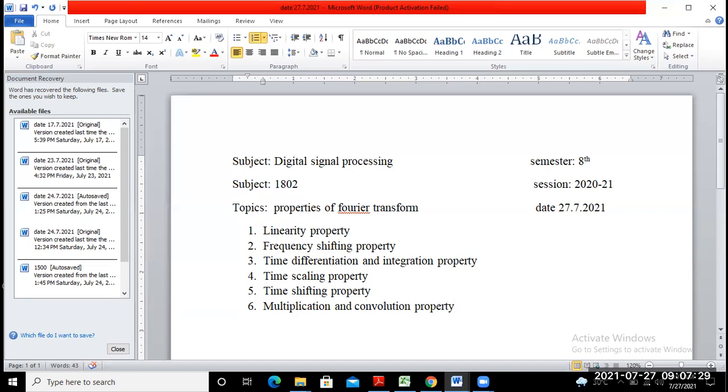Okay, so we need to discuss all the properties one by one here. Let's first of all discuss what the linearity property is. So let's try to discuss this one.